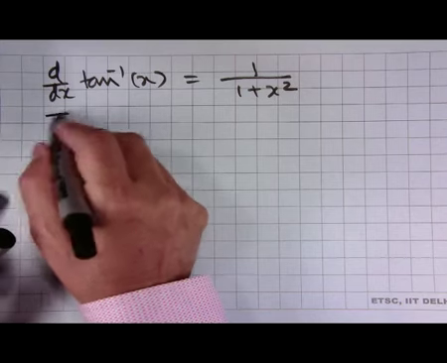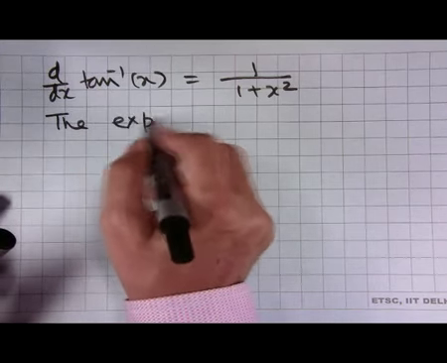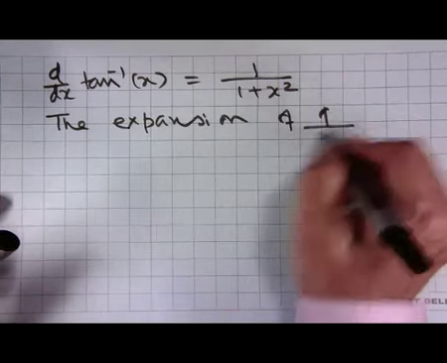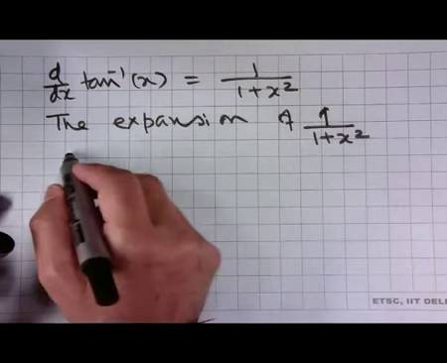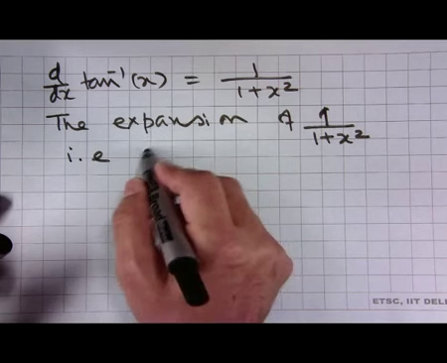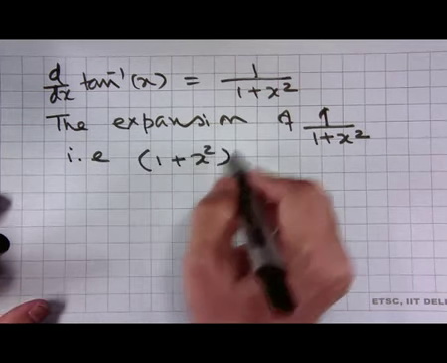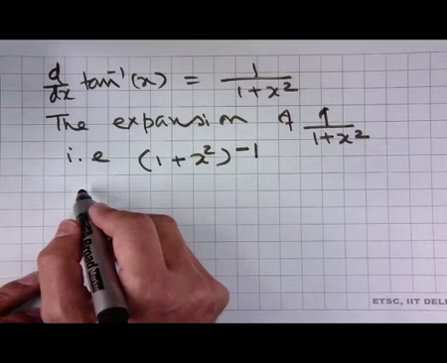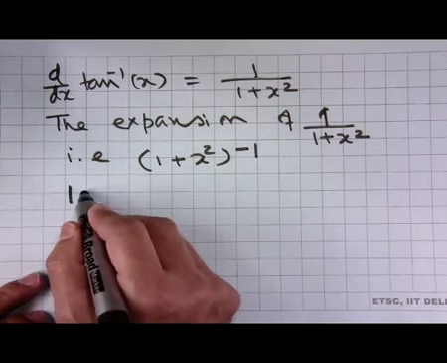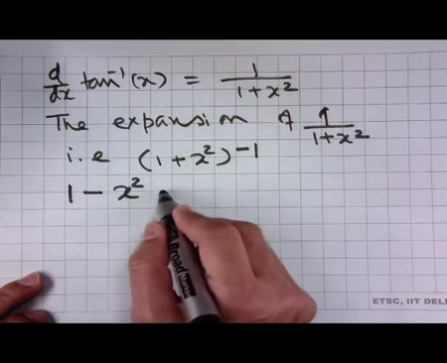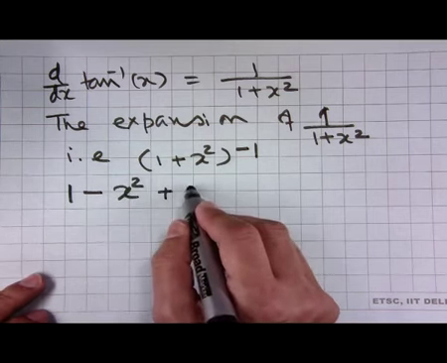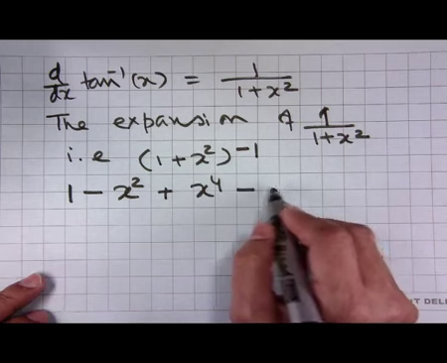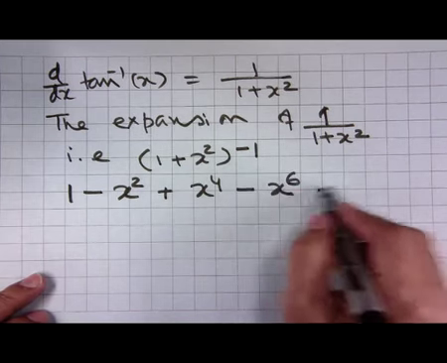The expansion of 1 upon 1 plus x square, which is nothing but 1 plus x square whole to the power minus 1, is going to be 1 minus x square plus x to the power 4 minus x to the power 6, like that.